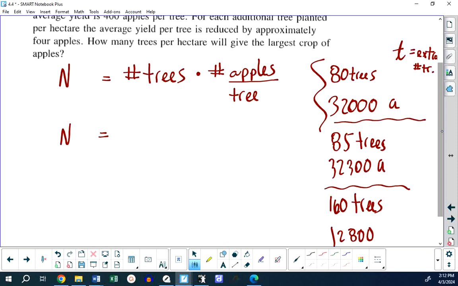So the number of trees you're going to plant will be the original 80 plus however many additional trees you plant. The number of apples per tree is going to be the 400 minus 4 apples for every additional tree, so minus 4t. So this is the function that we would use. Does that make sense? This is the function that we would use in order to find out the maximum n.